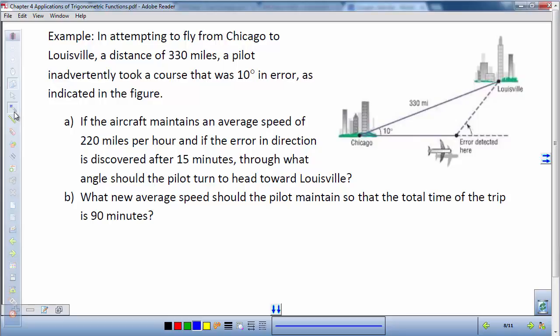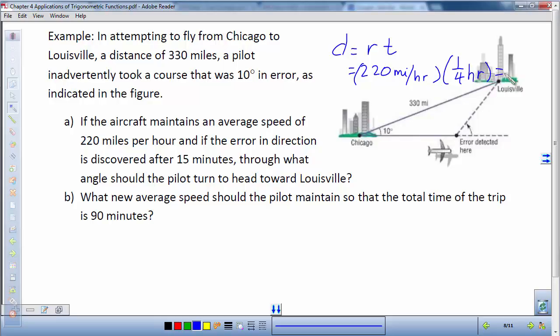Distance is equal to rate times time. So he's going at a rate of 220 miles per hour. He does that for 15 minutes, which is how much of an hour? 1/4 of an hour.